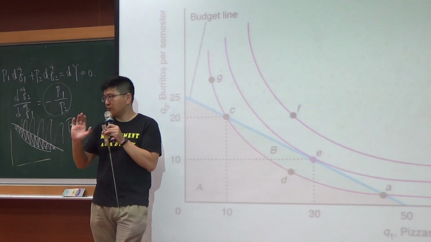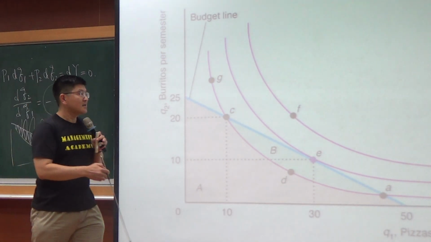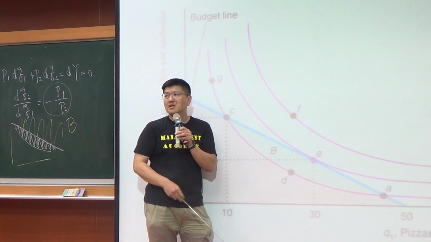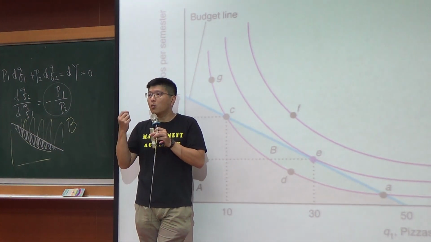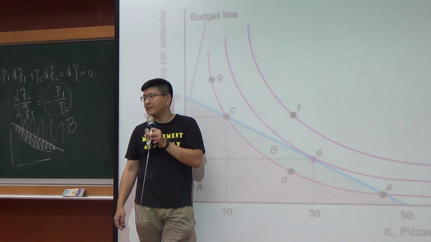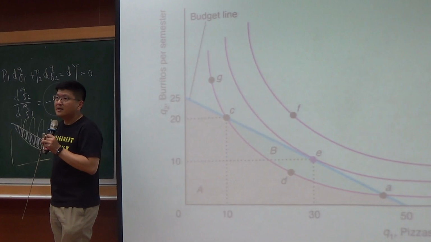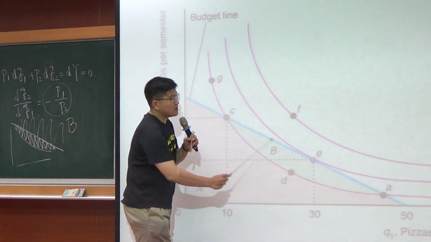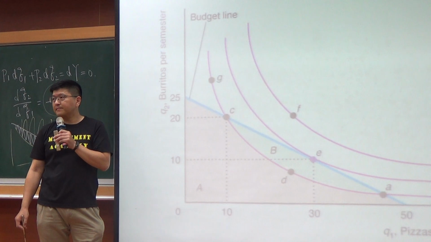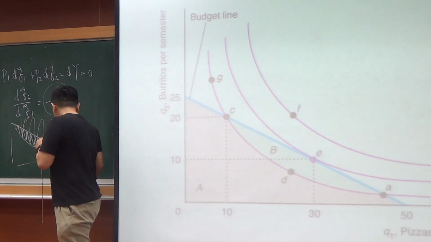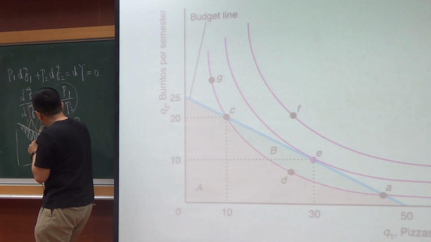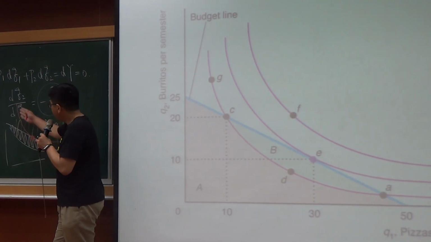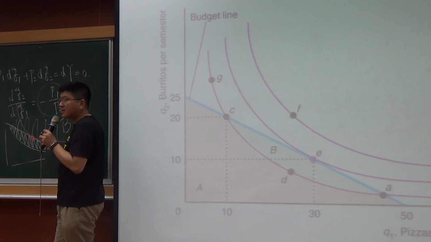So we just push the indifference curve outward until the intersection becomes a singleton. A singleton means a set with one element only, one point only. Which also means the indifference curve becomes tangent to the budget line. So in this case, if we reach a singleton here, just one point, and this curve is tangent to this line, what happened?